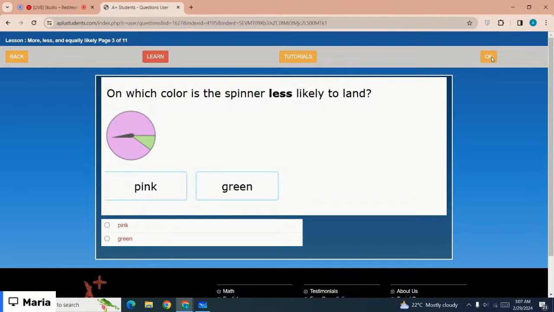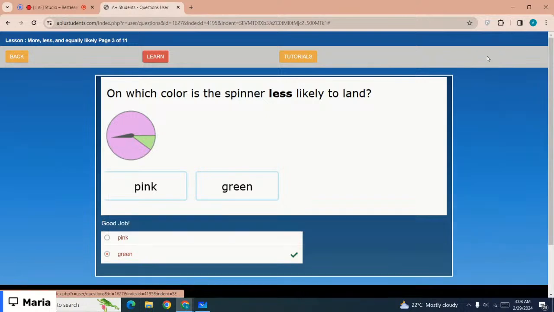It will be less likely to land on the color that has a very small portion. Most of the spinner is pink, and a very small portion is green. So it will be less likely to land on green because green has a very small portion. There are very few chances it will land on green. Got it? The correct option is green. Option number two is the correct option.